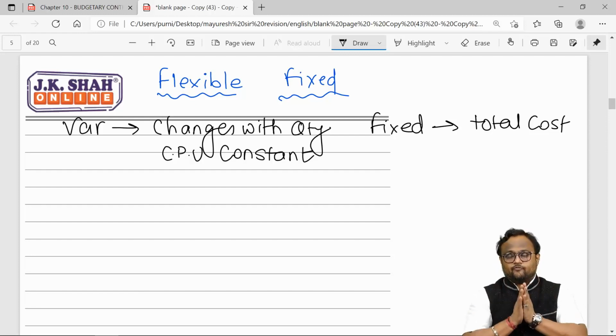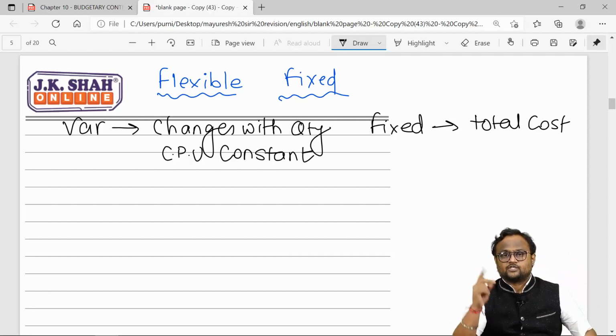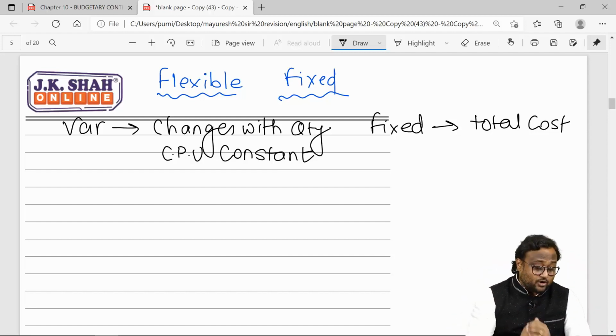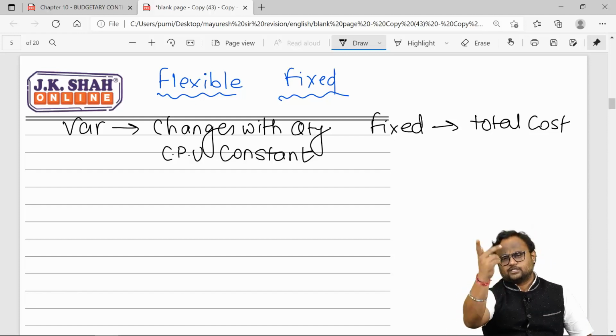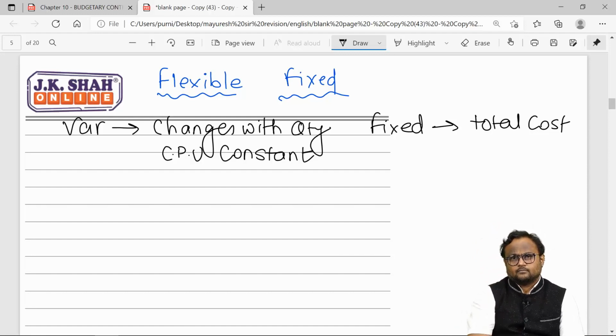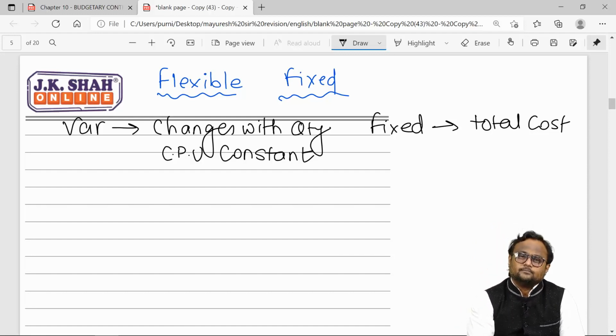So basically, for fixed and flexible budget, you need to know the cost structure thoroughly as variable and fixed. For variable, we are supposed to focus on CPU, and for fixed, we are supposed to focus on total. So tomorrow, if they tell you there is a change in the variable cost per unit, always change the CPU. And if they say there is a change in the fixed cost, always change the total.